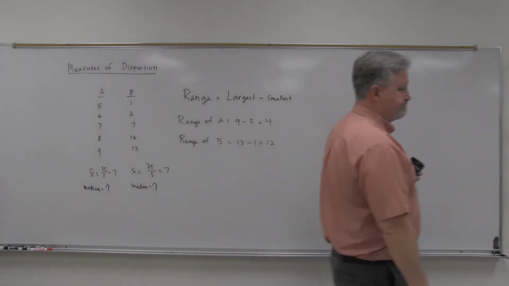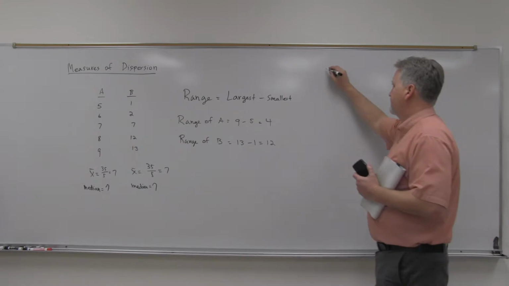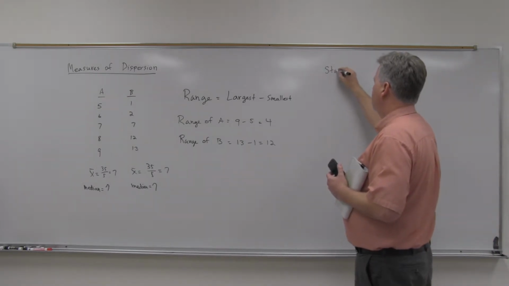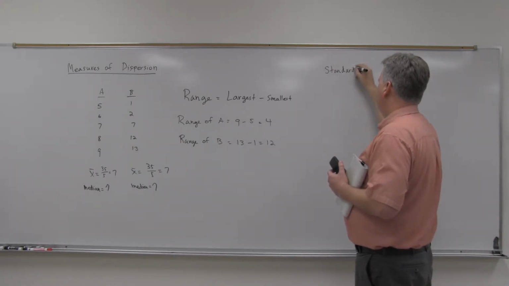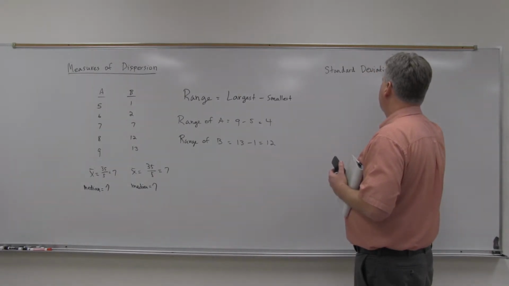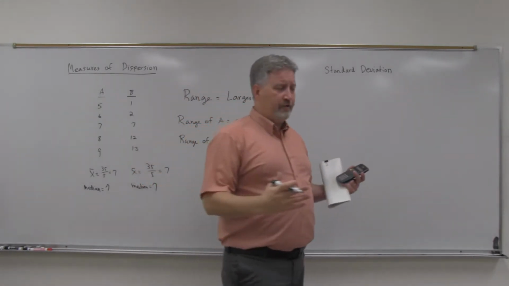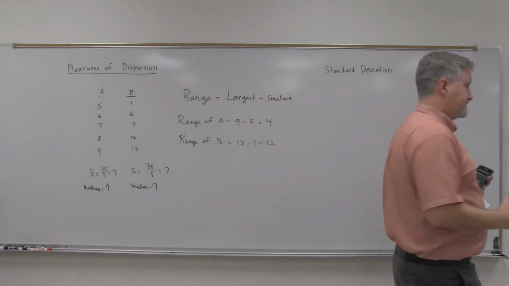The other measure of dispersion that we'll talk about is called the standard deviation, and it's a more widely used measure of dispersion. So it also measures dispersion, standard deviation.